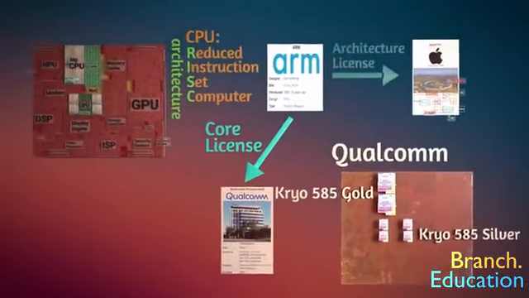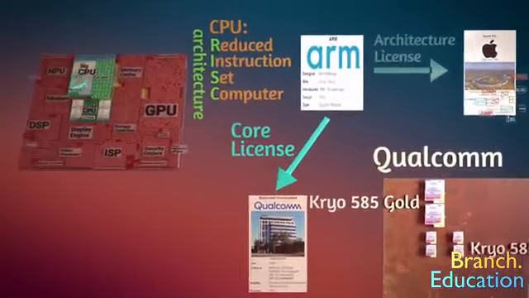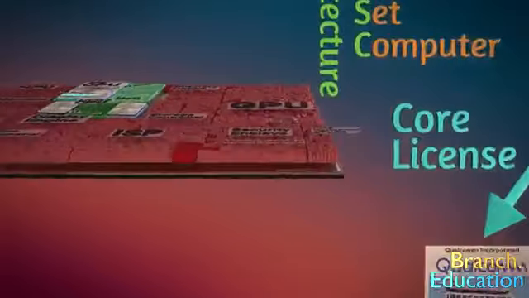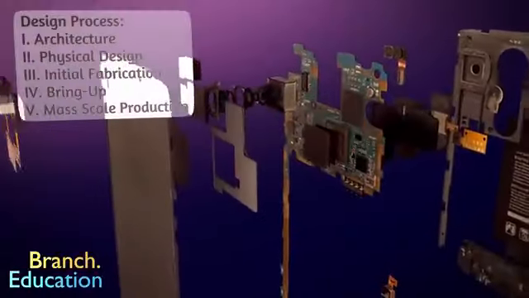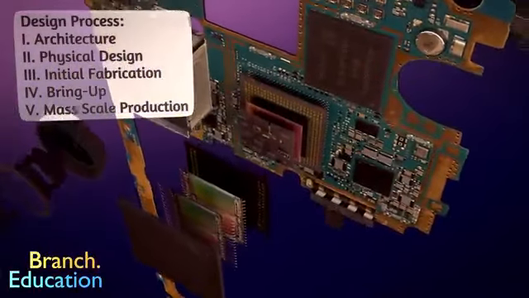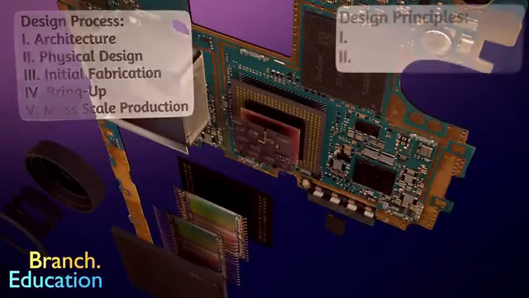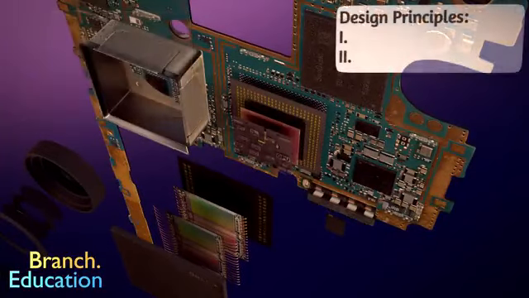However, all this information still begs the question of how do these SoCs get designed and manufactured? Instead of talking about the entire design process, which you can find in the creator's comments, we're going to discuss two design principles of the SoC.